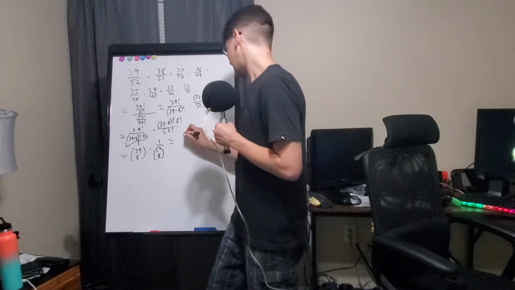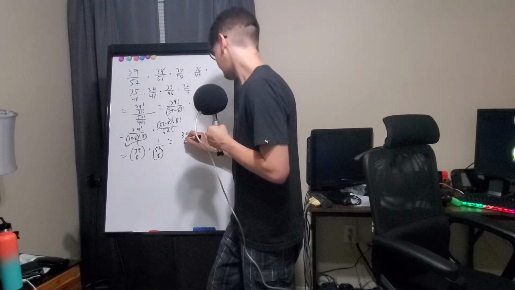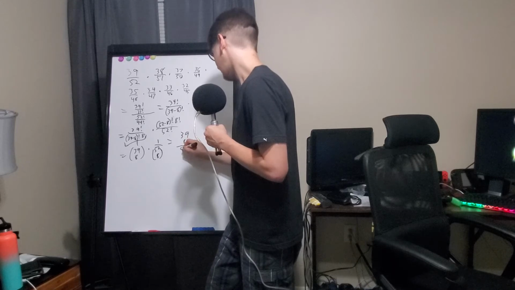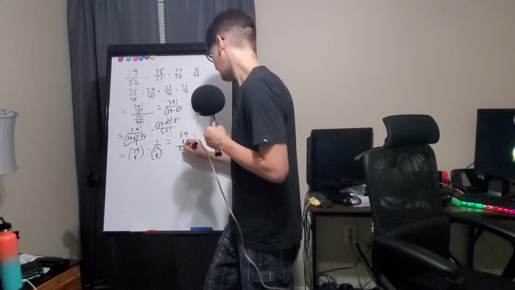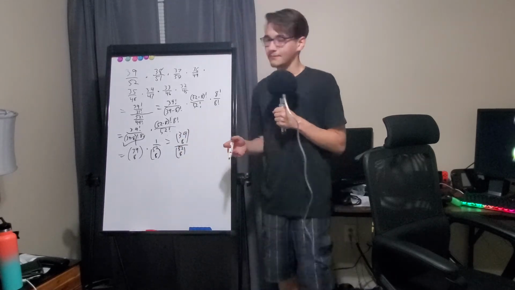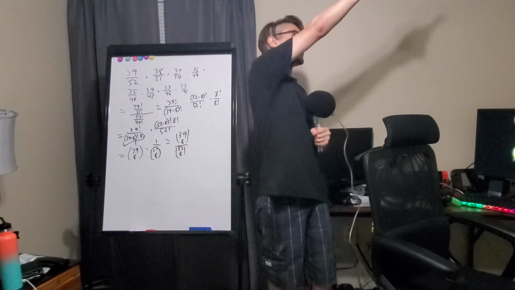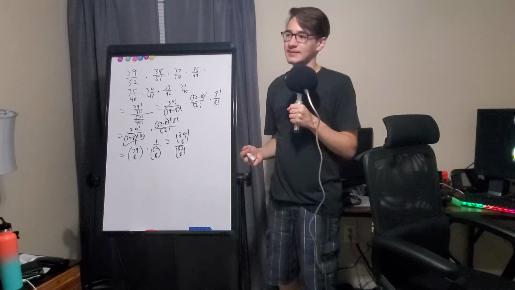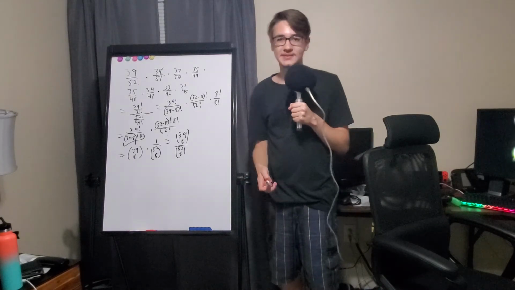And this is indeed the fraction that we got at the beginning. 39 choose 8 over 52 choose 8. By the way, if you have no idea what I'm talking about with all this choose nonsense, right there is a link to a video I did a little while back explaining exactly what that means.